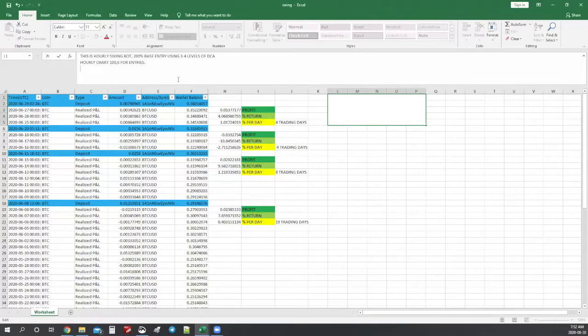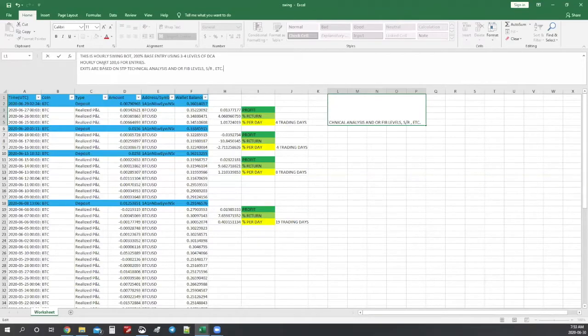And the other thing I should clarify here is exits are based on STP technical assistance, fib levels, support resistance, etc. So we're using the bot for the entries.